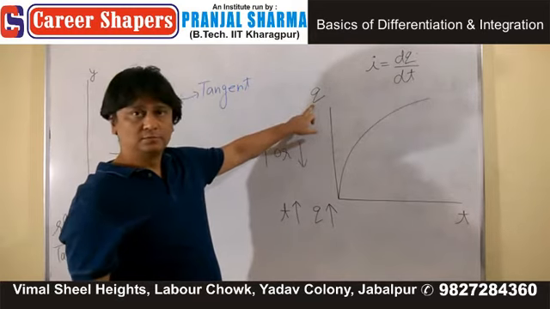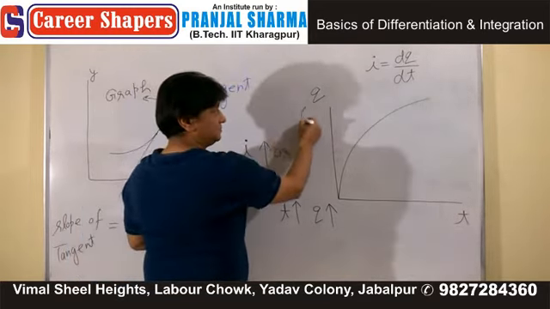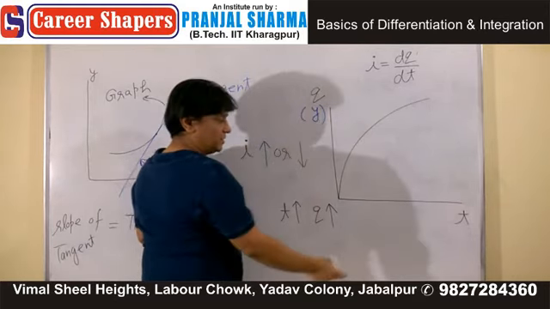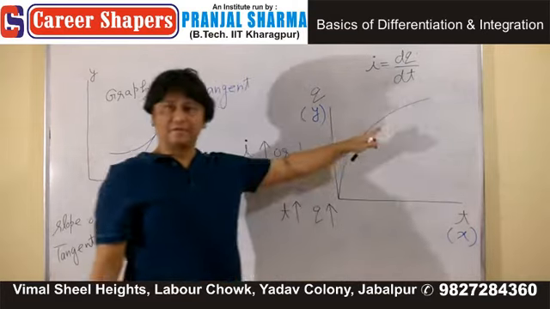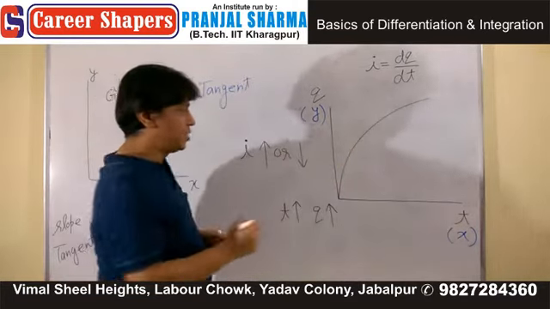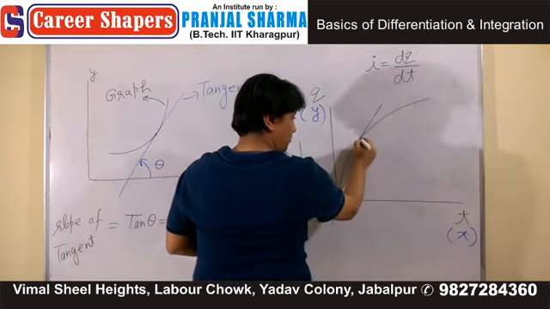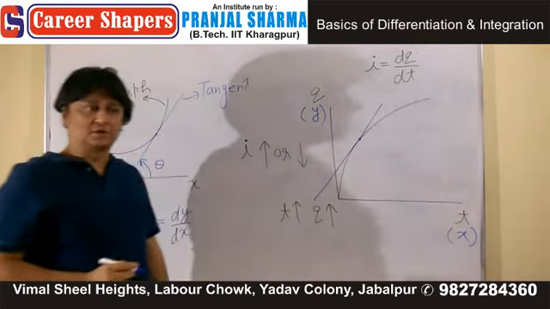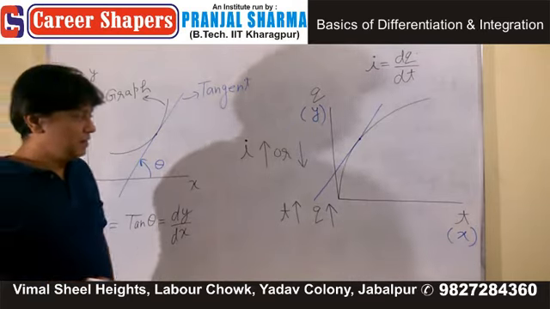This q is just like y, and this t is just like x, and you have a graph. So if you go and plot a tangent like this, that's the tangent.